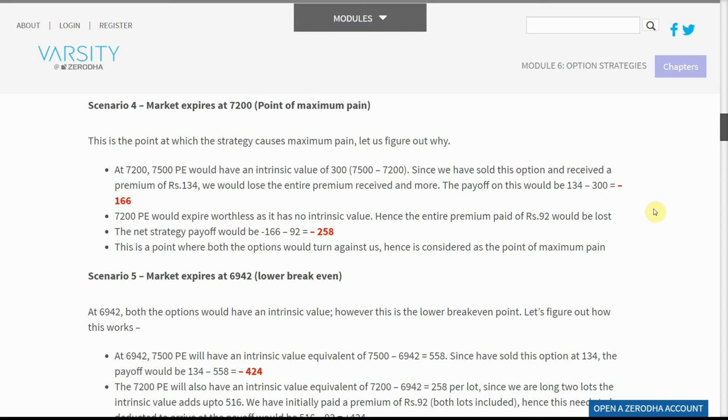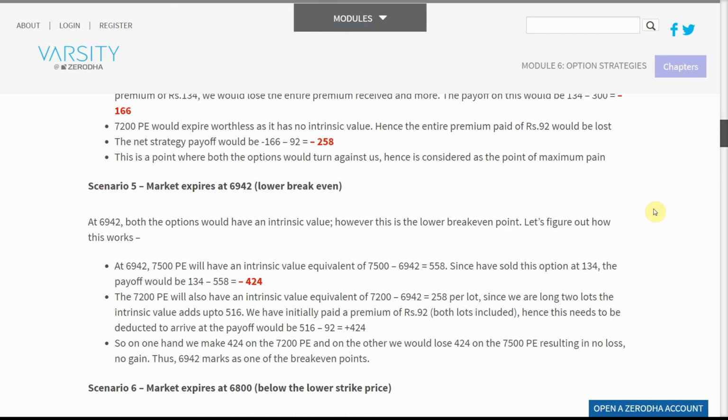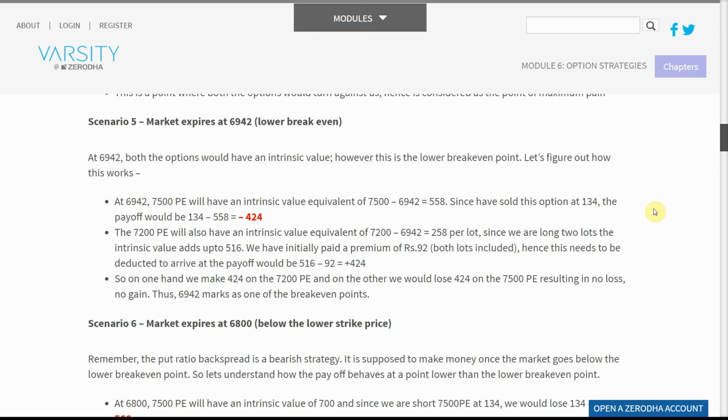Scenario 5: market expires at 6,942, lower break-even. At 6,942, both the options would have an intrinsic value. However, this is the lower break-even point. Let's figure out how this works.